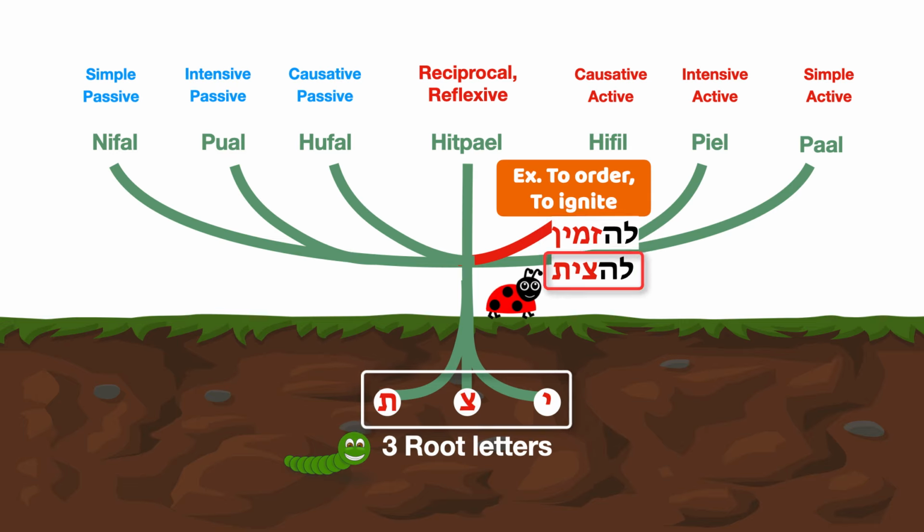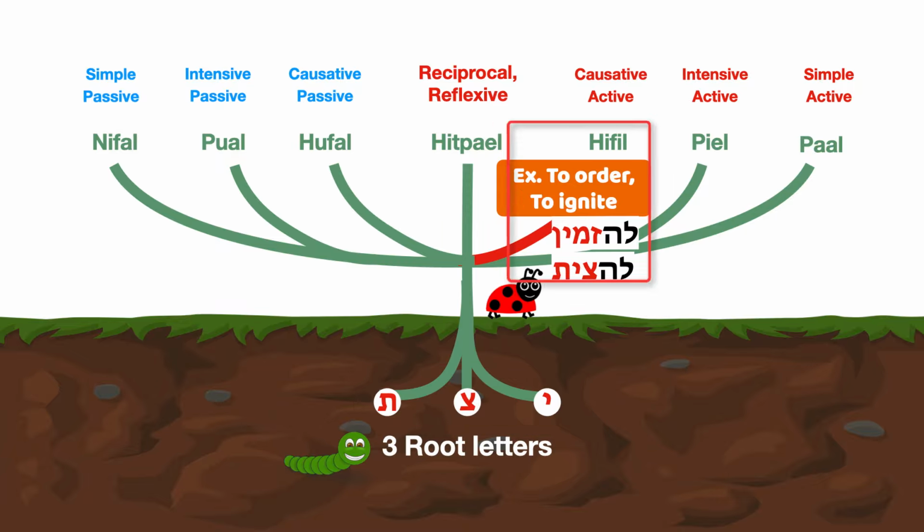In this second example, the root letters are יוד צדיק ת'. This forms the verb, להצית. That means to ignite. So as you have seen in these examples, Hephil verbs describe actions that actively create a cause and an effect.